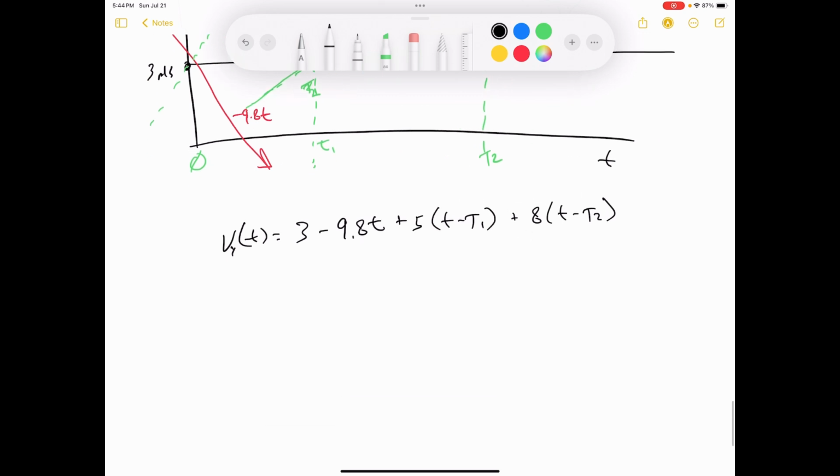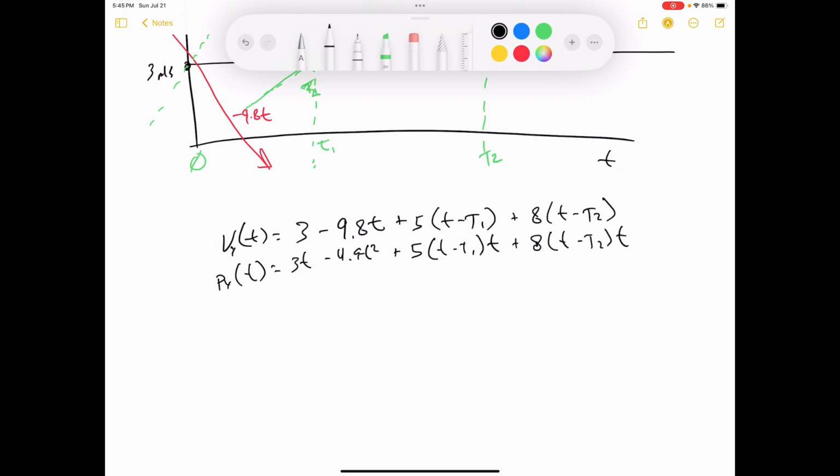And then once again, if I want to find my position in y as a function of time, now it's easy. All you have to do is integrate this to find the other one. 3 becomes 3t. This becomes negative 4.9t squared, plus this becomes 5 times t minus t1 times t, because this is like a constant, and then plus 8 times t minus t2 times t, something like that.